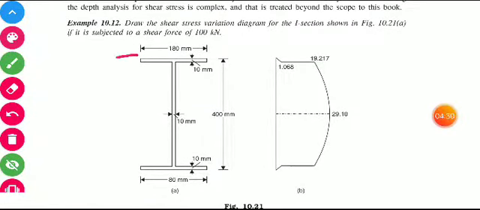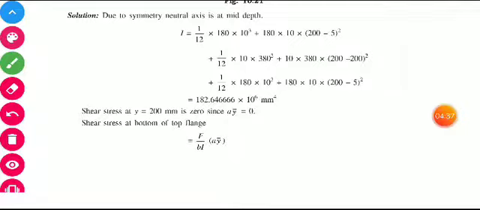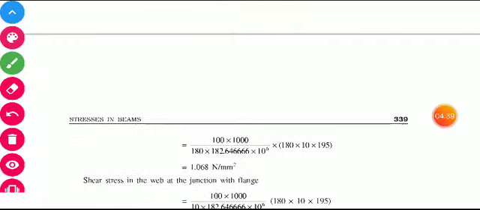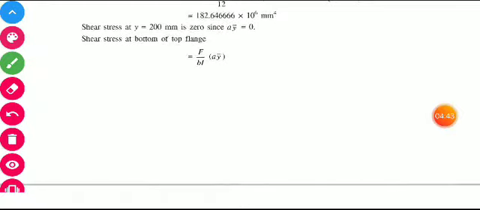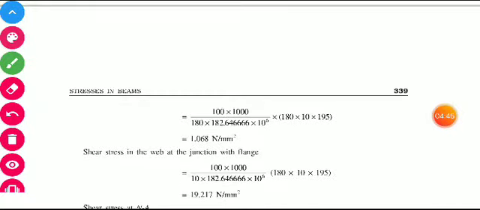We want to calculate the shear stress at this portion, this 10 mm. So what is the value of y bar? We put F, which we know, b we know, I we know, and the area we also know. Area will be equal to 180 into 10.